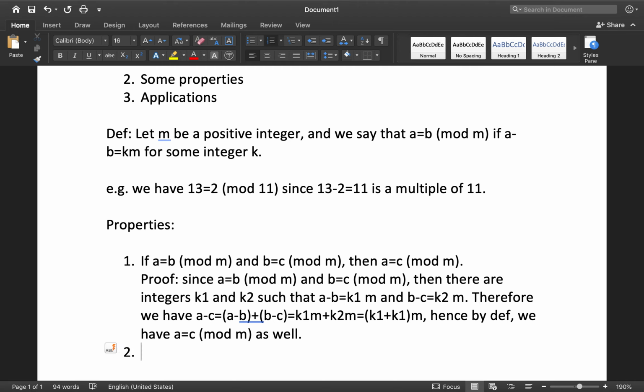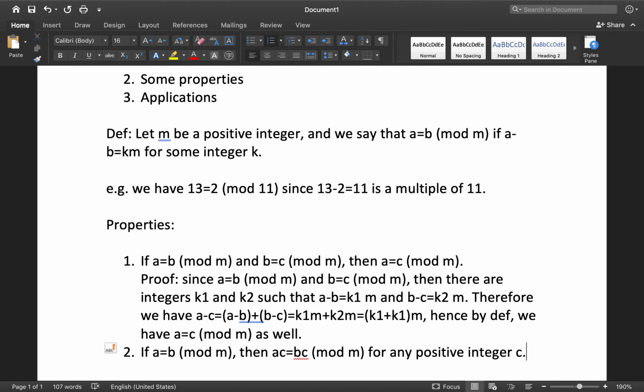The second property is, if a is congruent to b modulo m, then actually we can multiply the relation by any other integer. That means we have a times c also congruent to b times c modulo m as well, and that is true for any integer c.